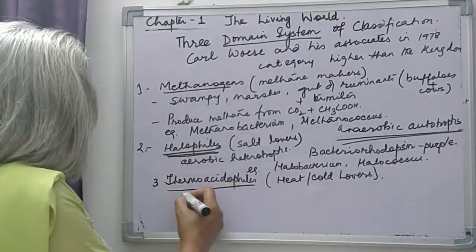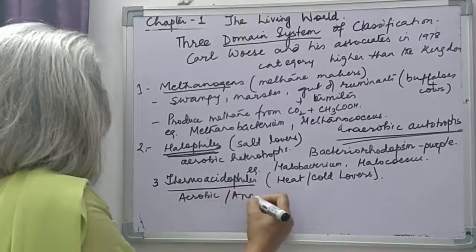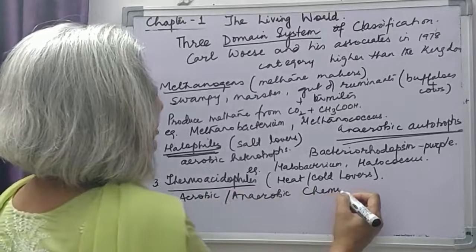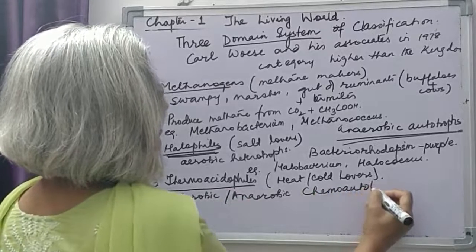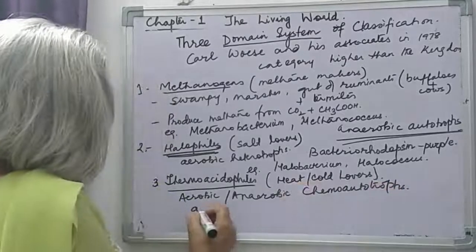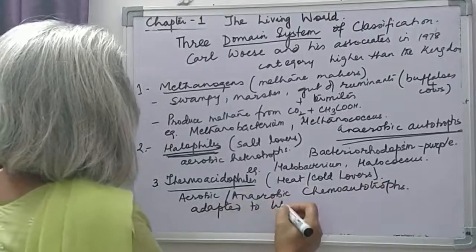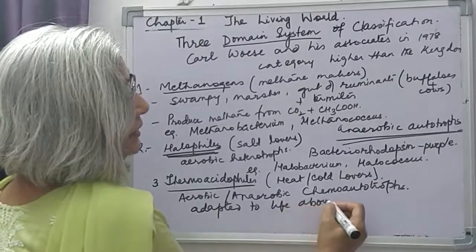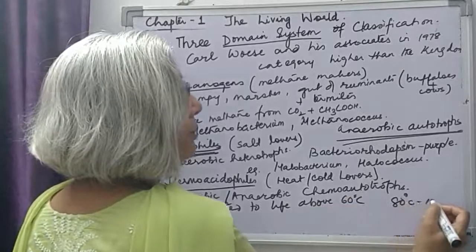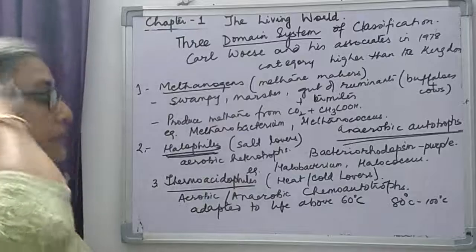Now they can be aerobic or anaerobic chemoautotrophs, and they are adapted to life above 60 degrees Celsius, generally found at temperatures 80 to 100 degrees Celsius.